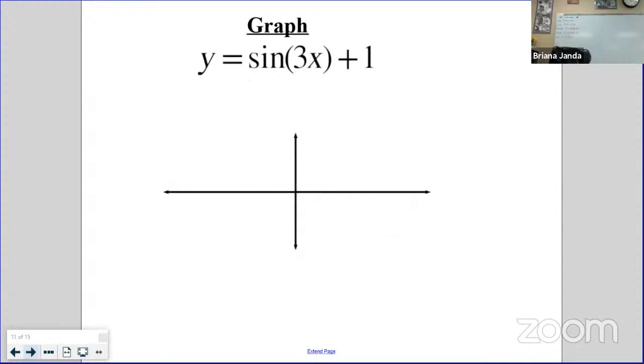Second to last example. Y equals sine of 3x plus 1.